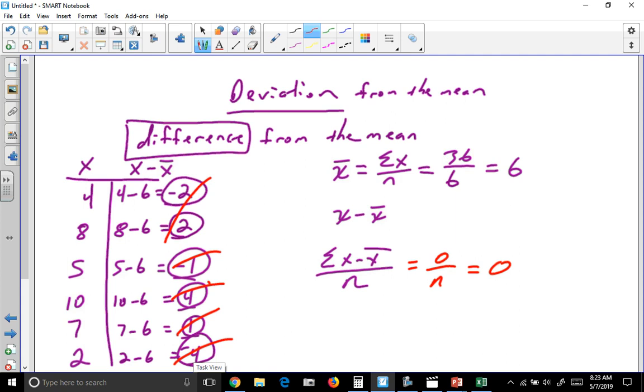But if we're wanting to know the average distance that a value is from the mean, then when we're talking about distance, we're not really concerned is it above or is it below the mean. So instead of just adding up the deviations, we could take the absolute value of the deviations, add those together, and this would give us on average how far our data is from the mean.